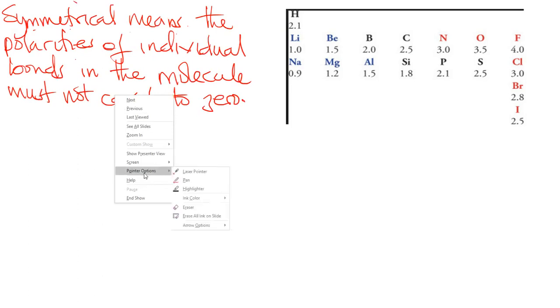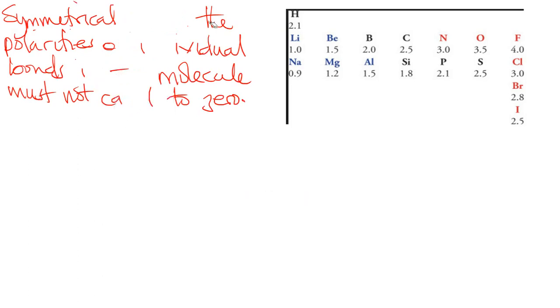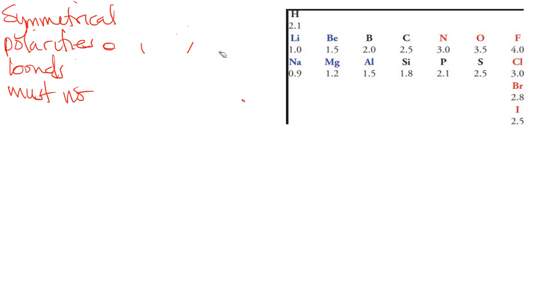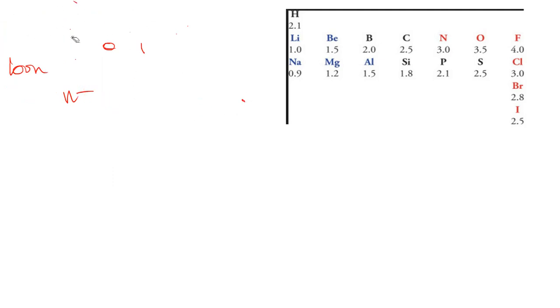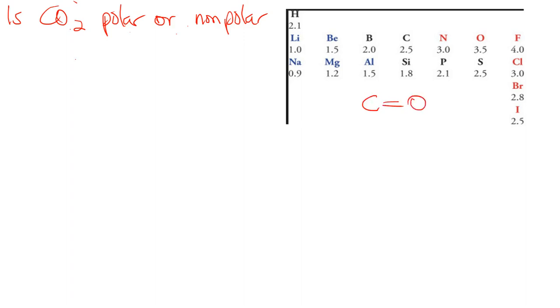Let's look at this molecule. Let's look at carbon dioxide. Is carbon dioxide polar or non-polar? So for this one, first you need to check the polarities of the bonds, C and O. That's the first thing.